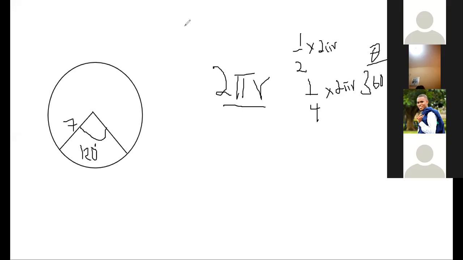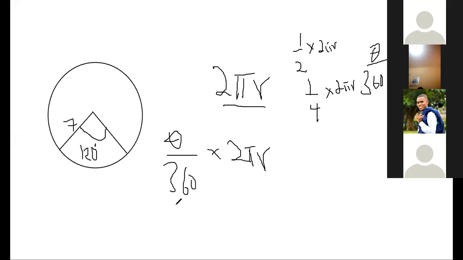Okay, so we know that the formula is what? Theta over 360 times 2 pi r.